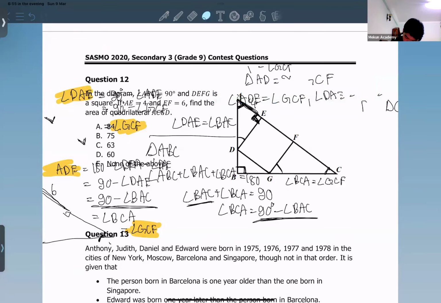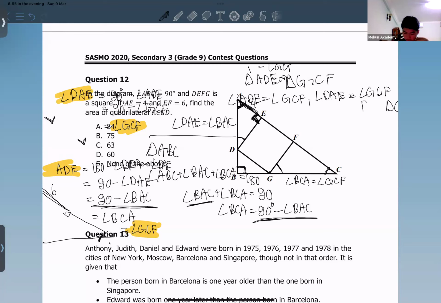So ADE equals angle GCF. Sorry, this is ADE and this is triangle GCF. So we try to prove they are both similar.